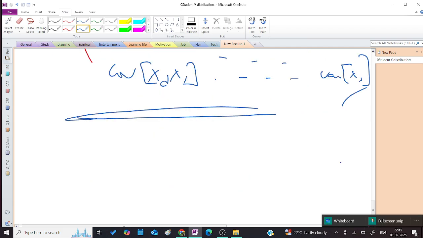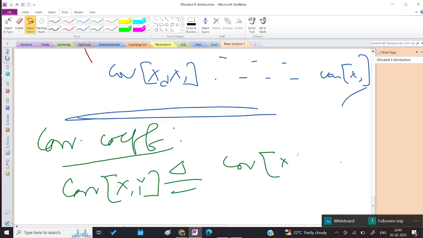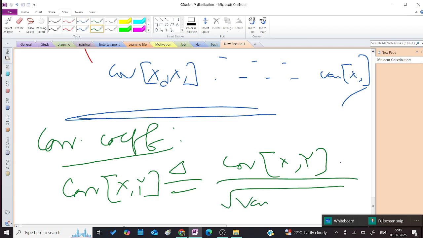Now let's move to the next topic, and that is the correlation coefficient. It is given between, suppose, x and y, by definition as covariance of x and y divided by the square root of variance of x times variance of y.